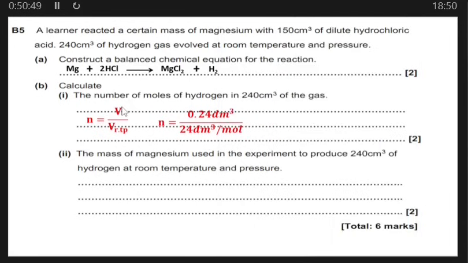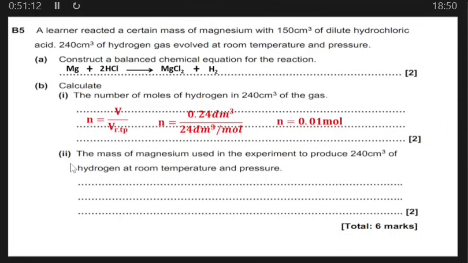So this volume here divided by molar volume at RTP, which is 24, it will be what? 0.01 mole. So there are 0.01 mole of hydrogen gas in 240 cubic centimeters.